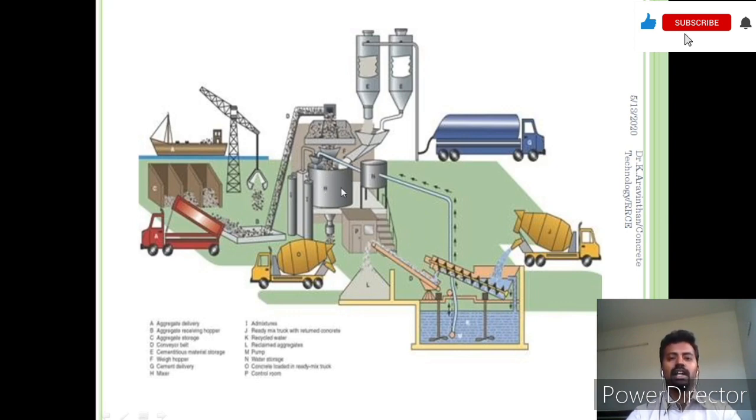So this is a mixer. You can see that aggregate is weighed here through this hopper and dropped into the mixer. Cement hopper and admixture plus water are supplied into the concrete mixer with the help of the control room.